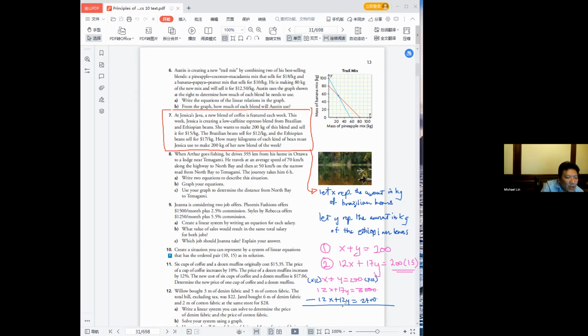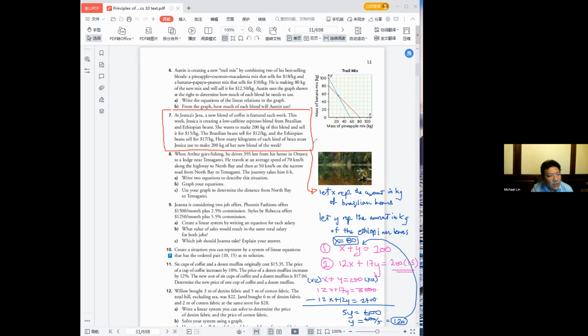17y minus 12y is equal to 5y's. And 3000 minus 2400 is 600. That means y is equal to 600 divided by 5. So y is equal to 120. Now that I know y is 120, plug it back in here and we solve for x. X is equal to 80.